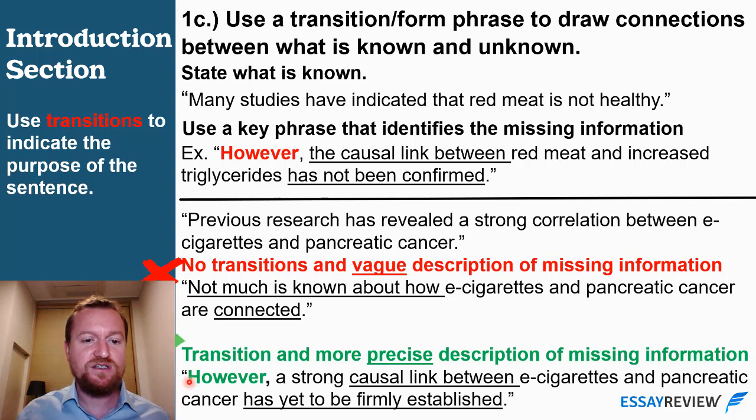So using the transition, however, a strong causal link between e-cigarettes and pancreatic cancer has yet to be firmly established. We're connecting, we're showing the reader how the first sentence, which is this one, previous research has revealed, and then the second sentence, not much is known, how these are connected. And we're also using more precise description. So instead of not much is known, well, what is not known? A causal link has not been established. A causal link isn't known. Okay.